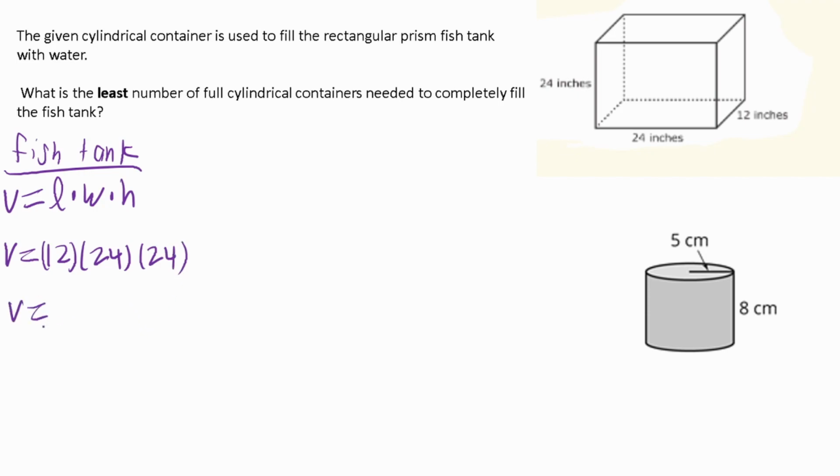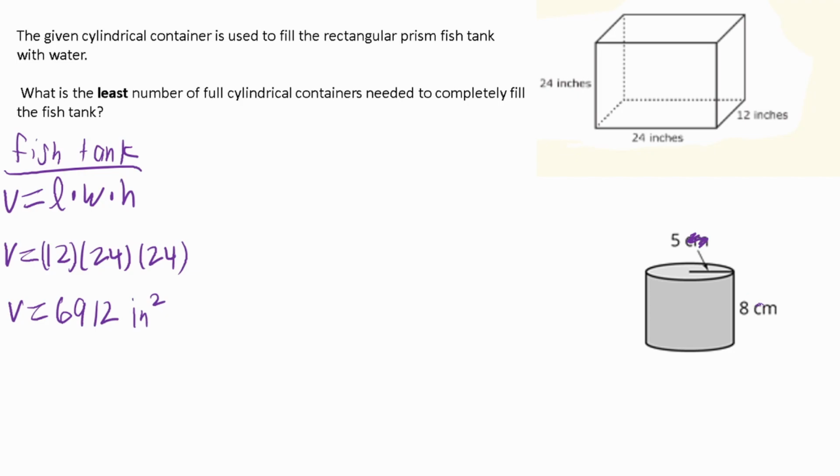When we multiply all this, 12 times 24 times 24 is 6,912 inches cubed.